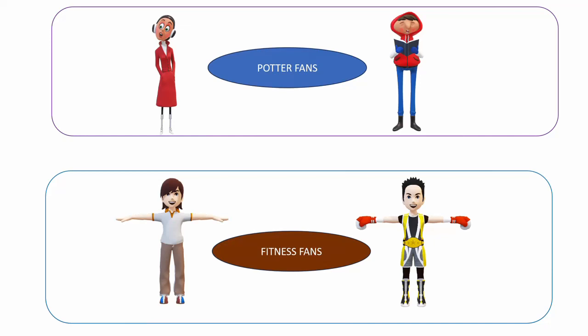That is, we are going to isolate the Potter fans, and we are going to isolate the fitness fans. How do we achieve this? We are going to achieve this using a kernel concept called namespaces, which is at the core of containers. Now let's go take a look at how we can make this happen with namespaces.